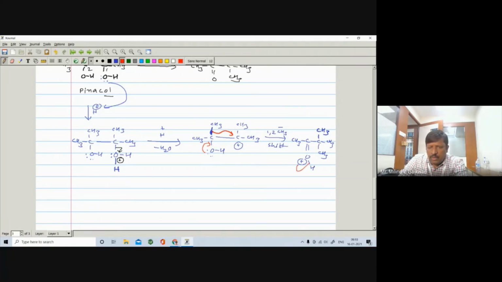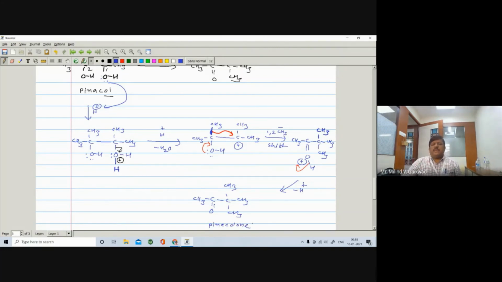Because you have to neutralize this positive charge, and when it undergoes removal of a proton, you get such a pinacolone, CH3C double bond O. Here is the carbon, here is a CH3, here is a CH3, and here is a CH3. It is called a pinacolone.